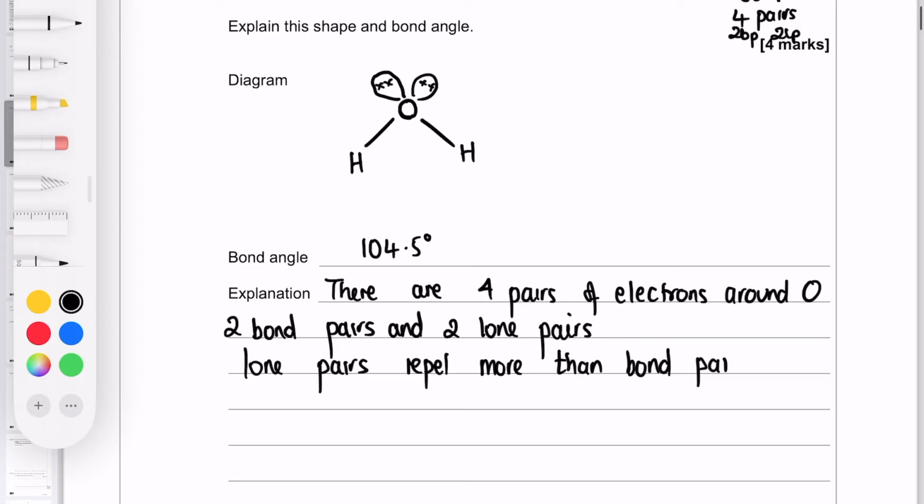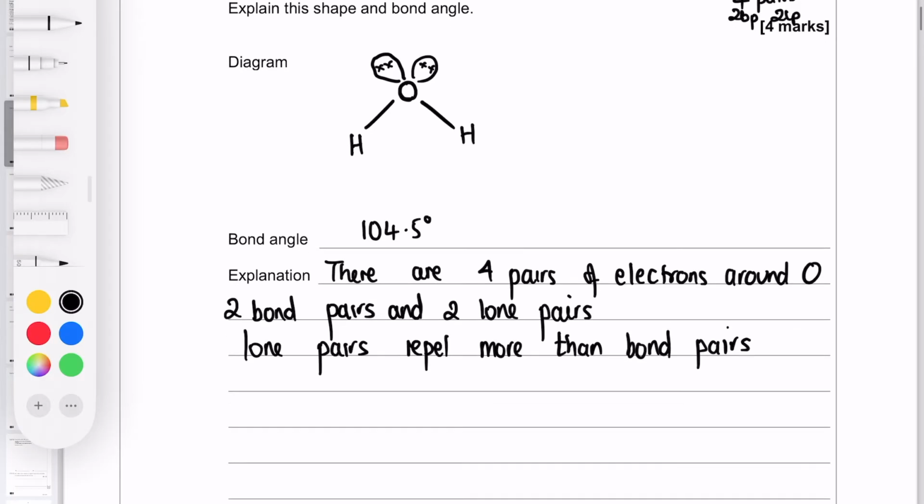So if it had been 4 bond pairs, it would have been 109.5. But because we've got 2 lone pairs and they repel more than bond pairs, the angle is reduced from 109.5 to 104.5 degrees because those lone pairs repel more.